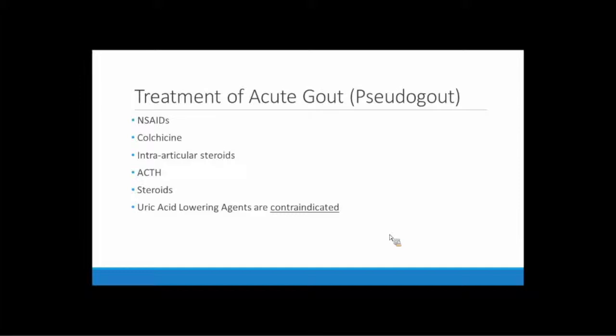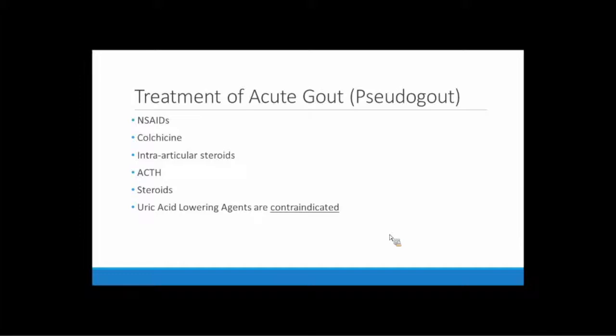Your patient will hate you forever, and they will never take that drug again, no matter what. So if you think that this is someone who should have uric acid lowering, make a mental note of it, get them out of the acute attack, and then a month later, when they're completely cooled off and blocked with prophylactic colchicine, which is a whole different way of using colchicine, then you can slowly introduce your uric acid lowering.